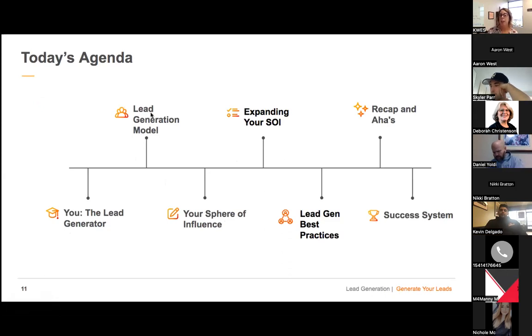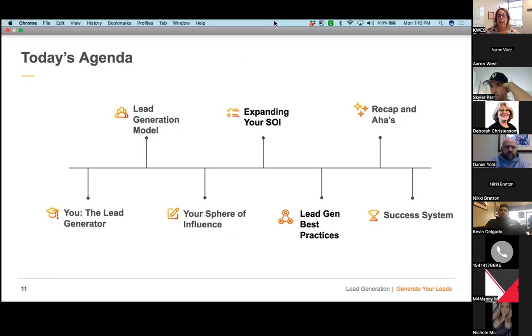We're going to talk about what the lead generation model is for successful agents, your sphere of influence, which you'll often hear referred to as SOI, not to be confused with your State of the Union address. Okay, that's often an SOI. So, expanding your sphere of influence, and we're going to talk about lead gen best practices, a recap and ahas, and then jumping into your success system.